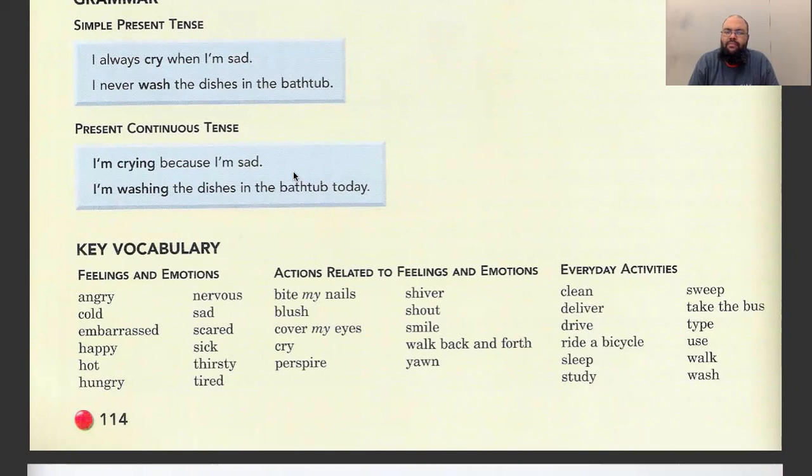Clean, deliver, drive, ride a bicycle, sleep, study, sweep, take the bus, type, use, walk, wash.